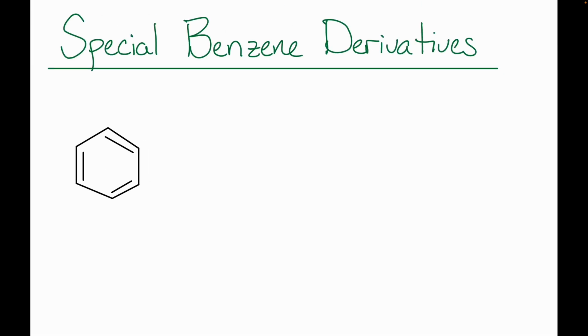All right, so our first one is if we stick a carboxylic acid group on that benzene ring. This molecule here has its own special name.